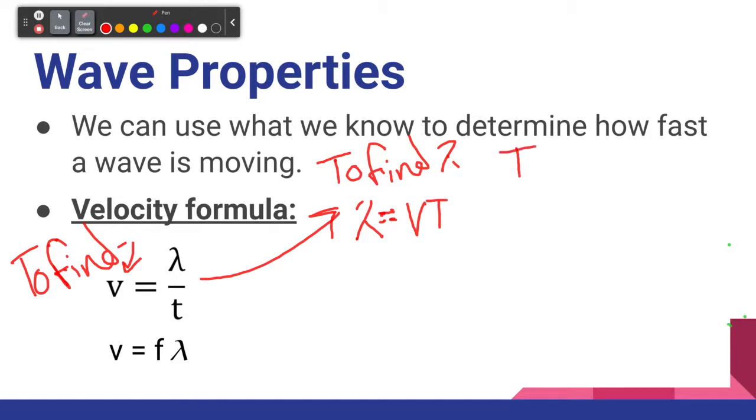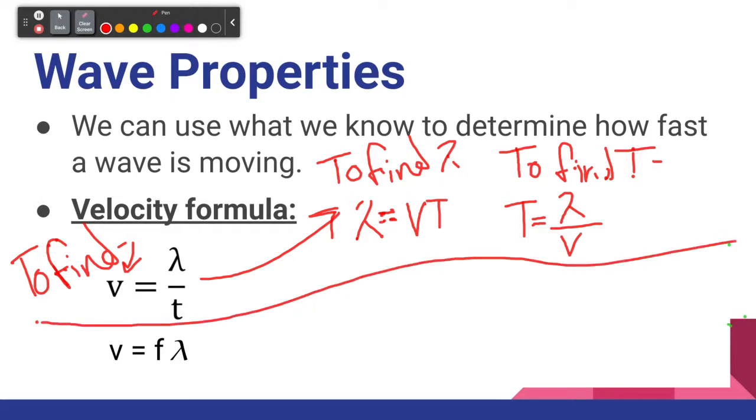If we need to find period, period is equal to lambda divided by the velocity, the wavelength divided by the velocity. That's what we would do to find using period. Again, we'll get to what period is in just a second. And again, this is just to find velocity.